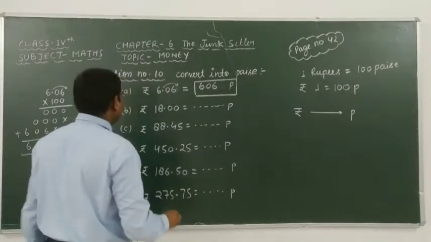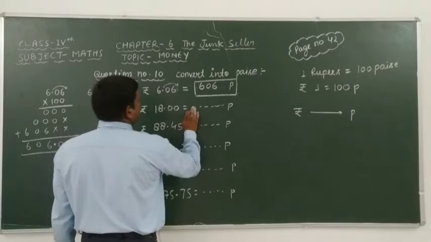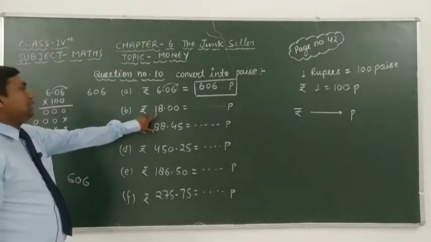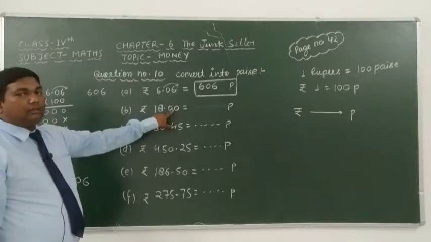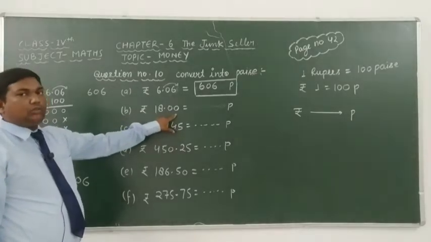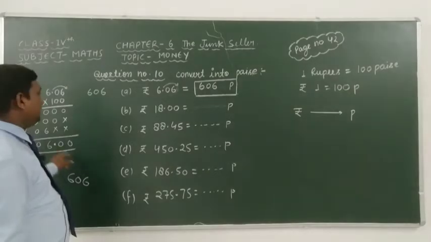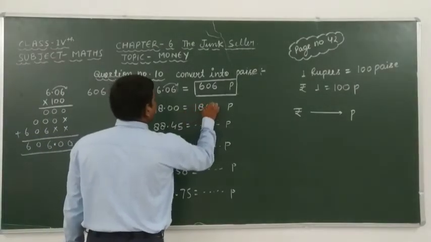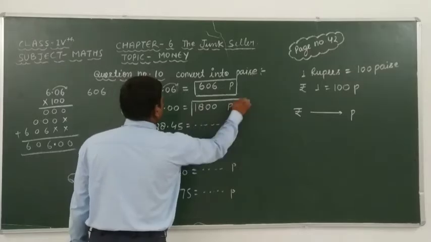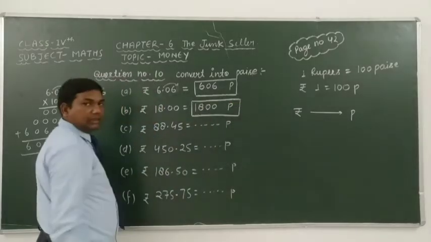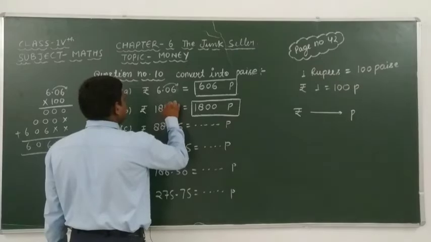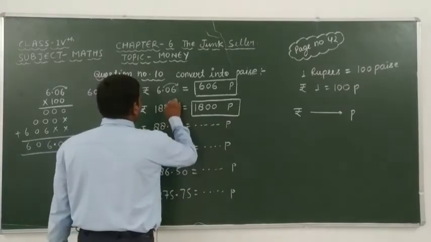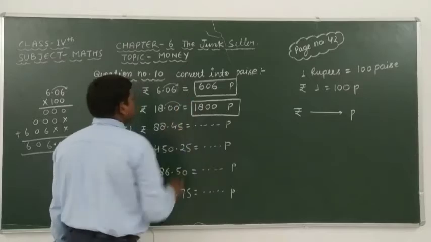Okay, and here in this question similarly, if we have to take the multiplication of 18.00 by 100, then we get 1800. It means that this decimal point moves after 2 digit place.